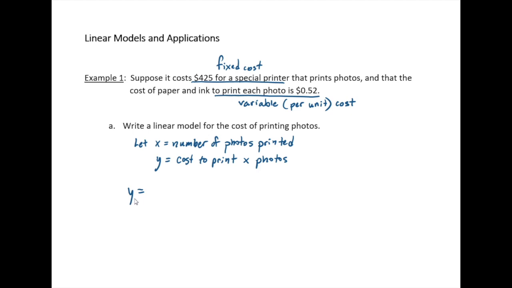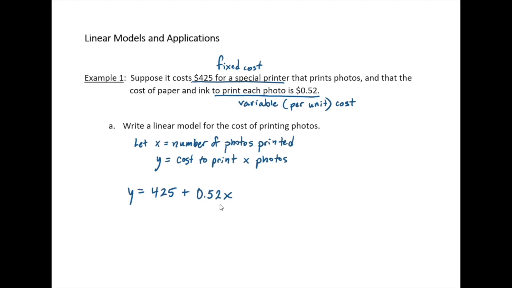And this cost will be equal to the $425 that we had to pay for the printer, plus 52 cents, or $0.52 for each photo, which will be $0.52 times x. Notice that this equation is in slope-intercept form, because we have y is equal to m times x plus b. The order doesn't matter.